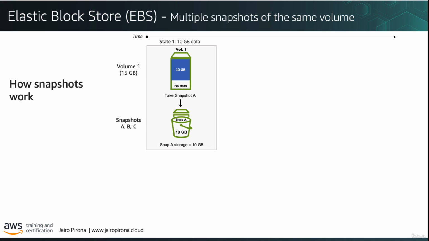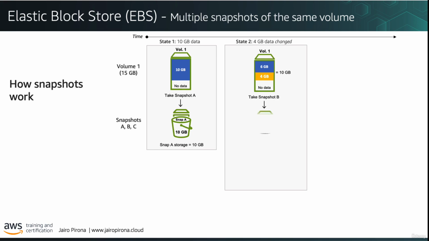Now, let's say that after taking snapshot A, 4 gigabytes of data has changed on the volume. Therefore, when you take a snapshot, in this case, snapshot B, it will only contain the data that has changed on the EBS volume. So, snapshot B will only be 4 gigabytes in size. However, to restore snapshot B to a functional EBS volume, you will also need the remaining 6 gigabytes of data.